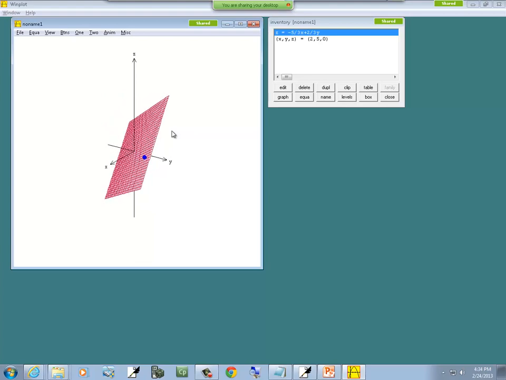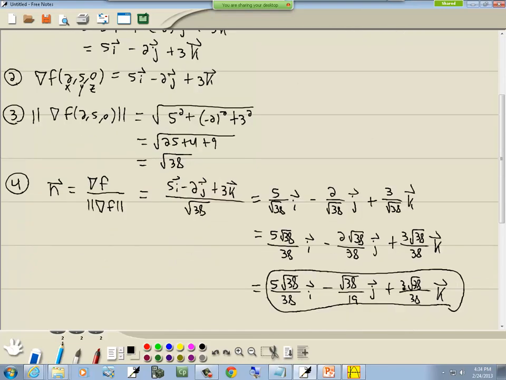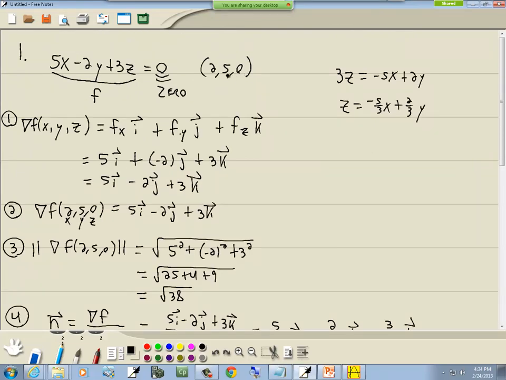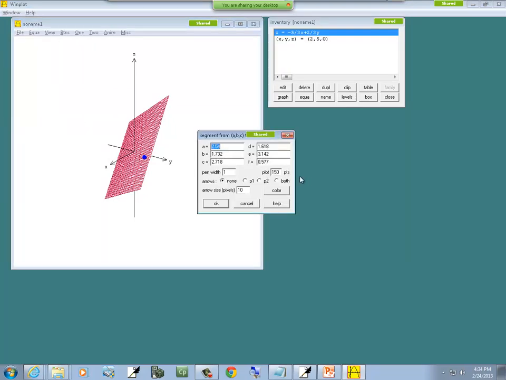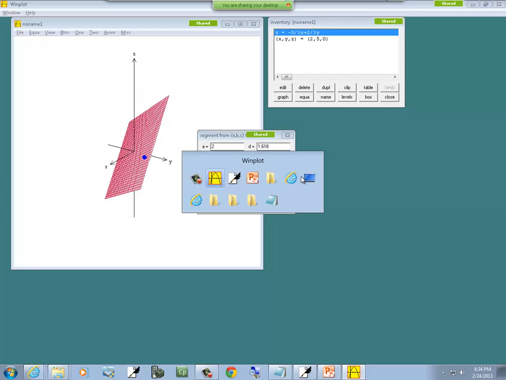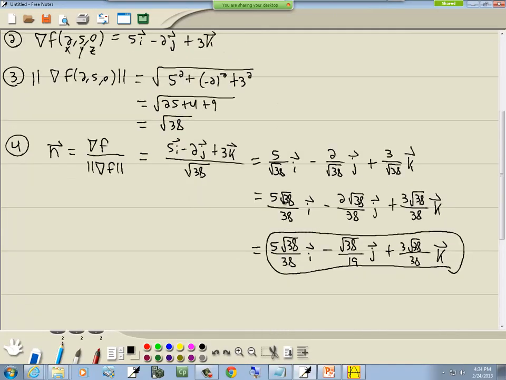And our vector n is equal to this. So starting at this point, I'm going to draw a line segment. I'm going to do an equation, segment, and for my beginning, I'm going to put in 2, 5, 0. It's going to come from 2, 5, 0, and then where it's going to end up is 2 plus this value.